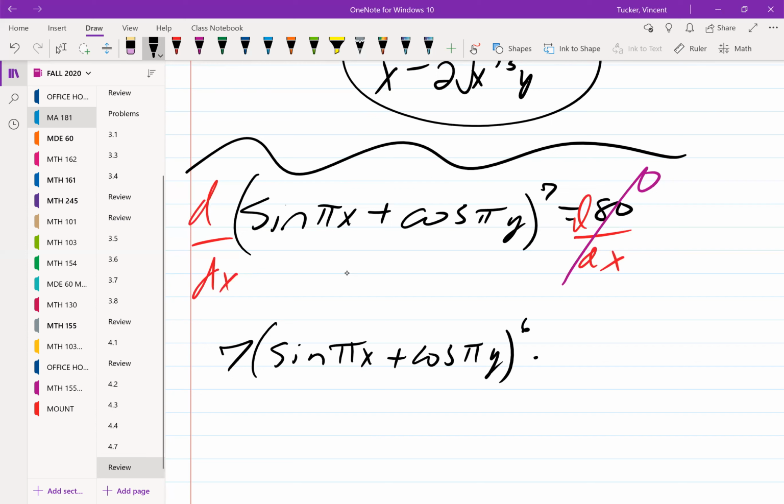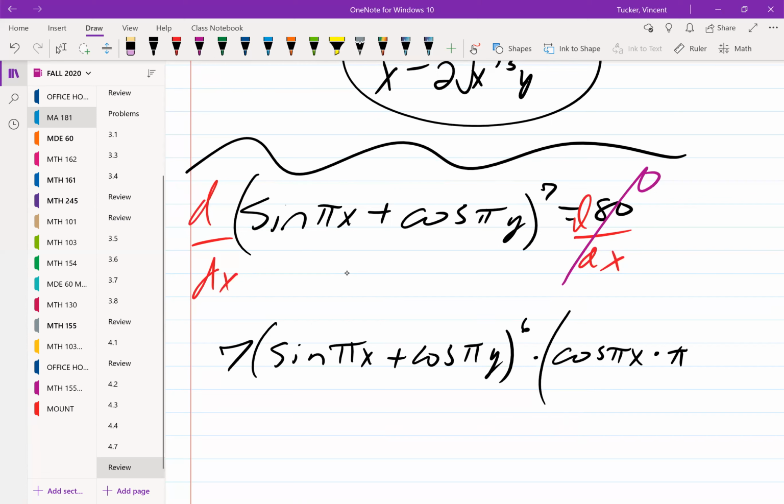Then it's going to be times the derivative of the inside. So the derivative of sine is going to be cosine pi x, then derivative of what sine is being applied to, which is pi x. So it's pi, then plus derivative of cosine.